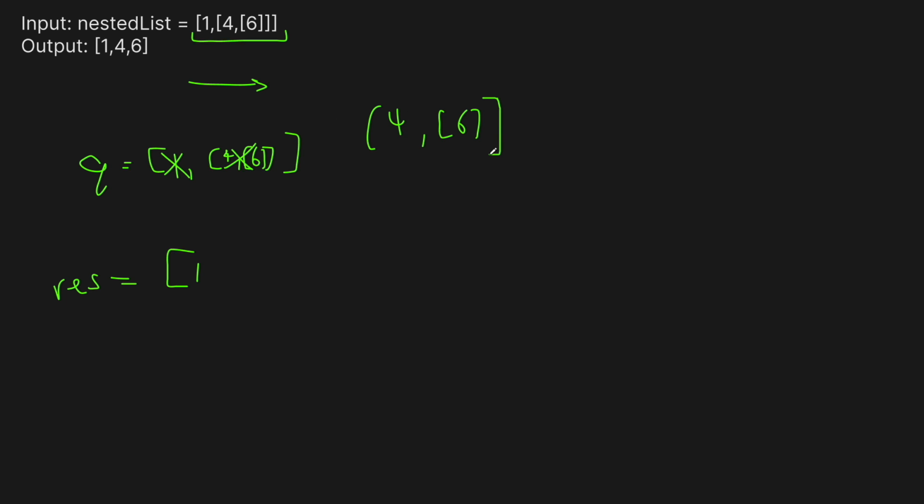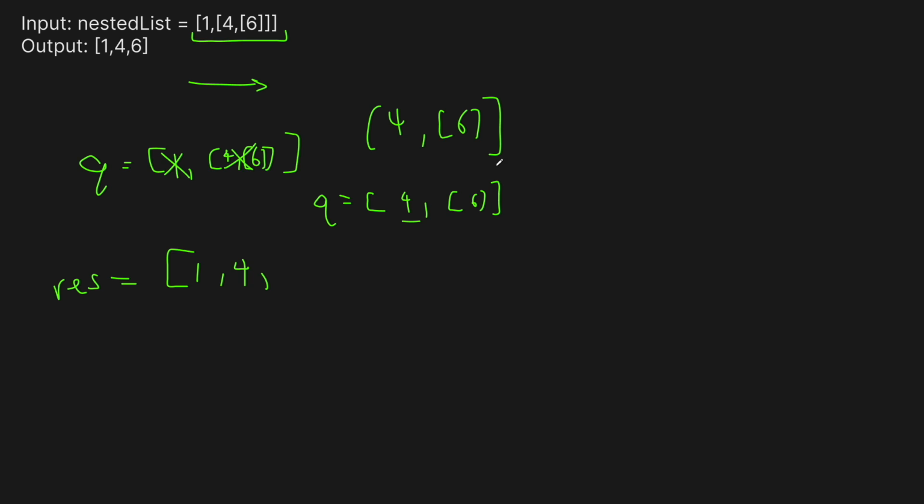We remember from our example that there's a method that allows us to get the items in a list. So we basically just want to add them back into our queue. And this time the queue will now look like 4 and 6. Then we can continue processing. Now when we pop from our queue, we will get the 4, which we know that we can just work with directly.